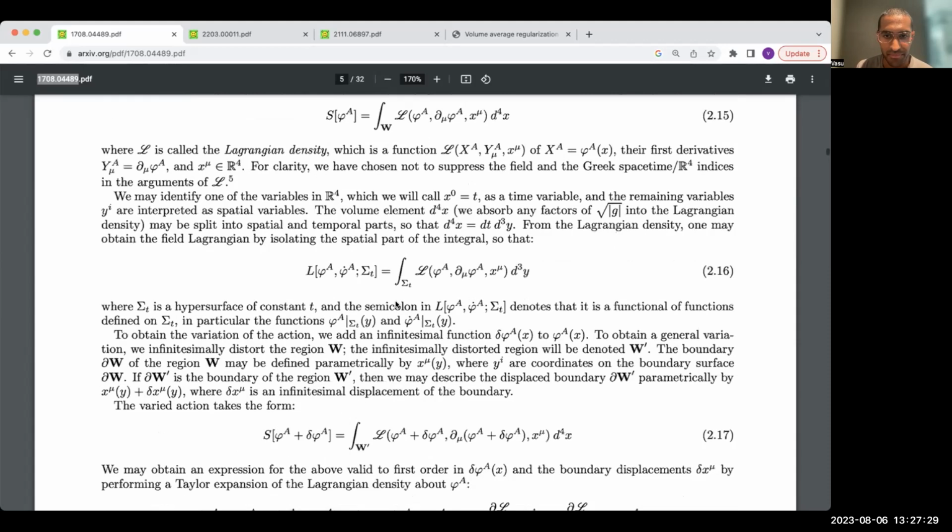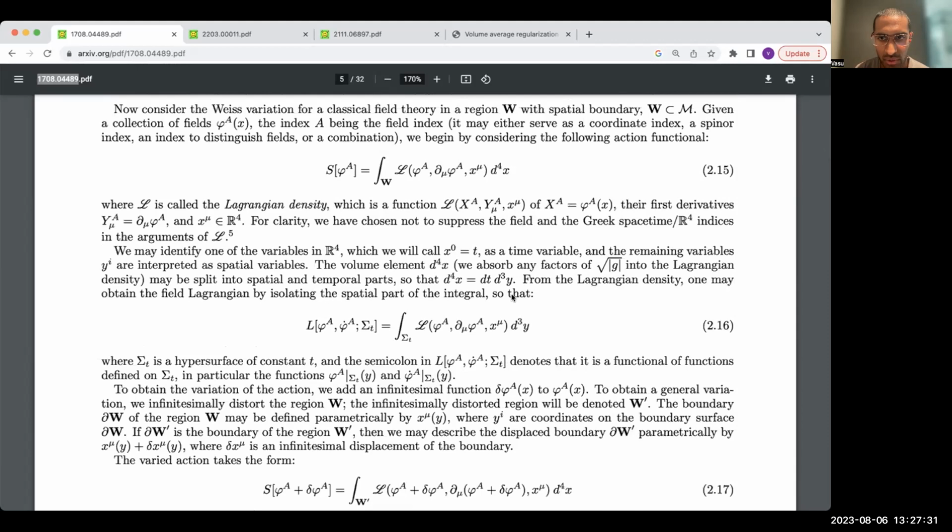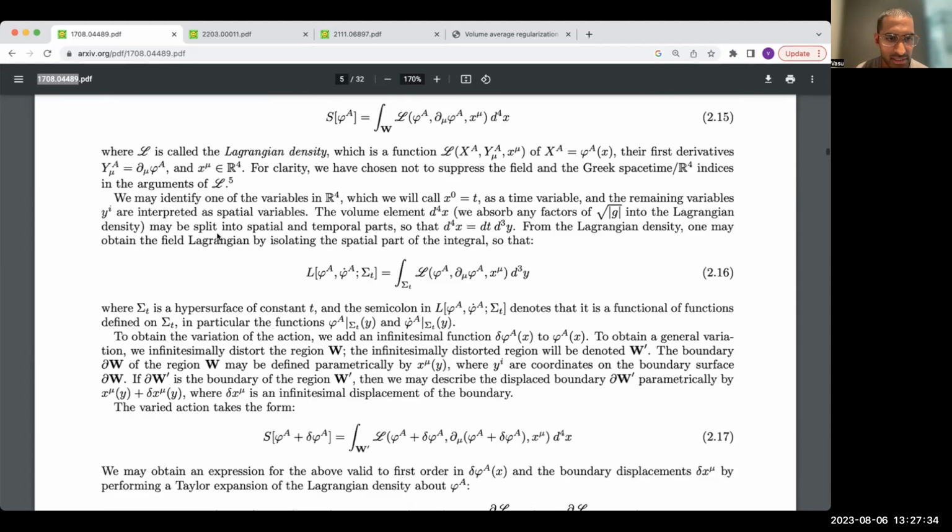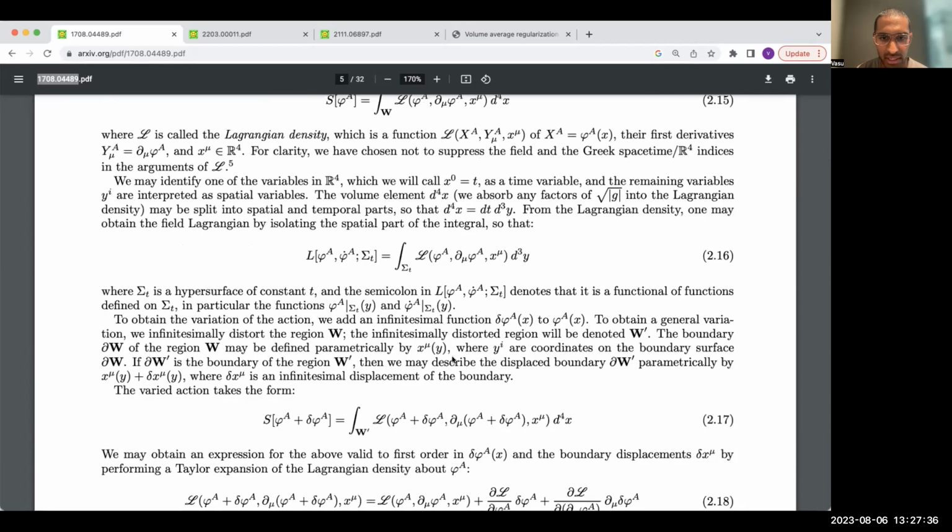So basically this quantity x mu is the embedding of the boundary in the bulk, right? So it's a function of yi, the coordinates on the boundary, and the variation that we're doing here is basically the analog of the free endpoint variation, the variation of the integration bounds of the Lagrangian, which will correspond to varying this embedding in the context of field theory, right?